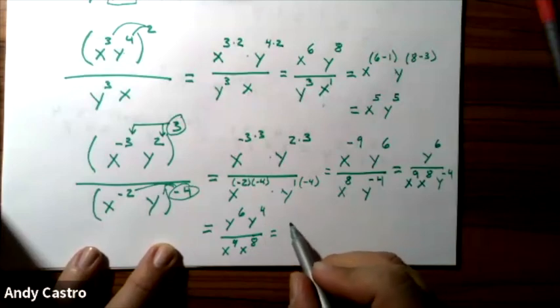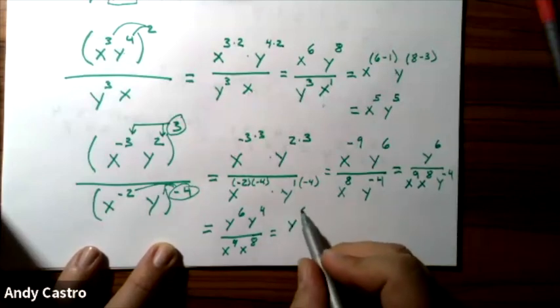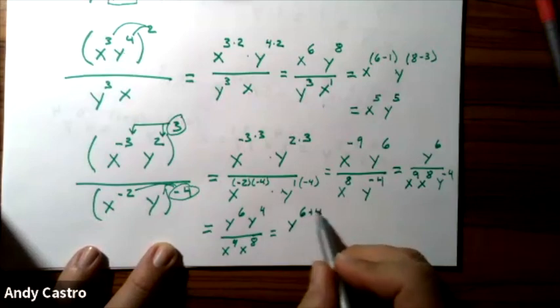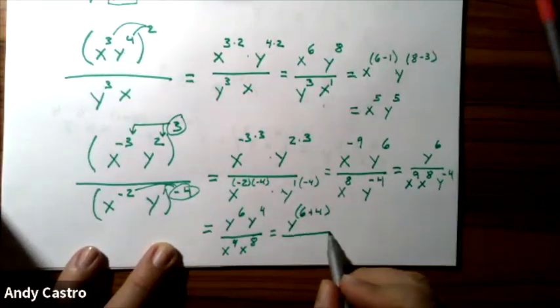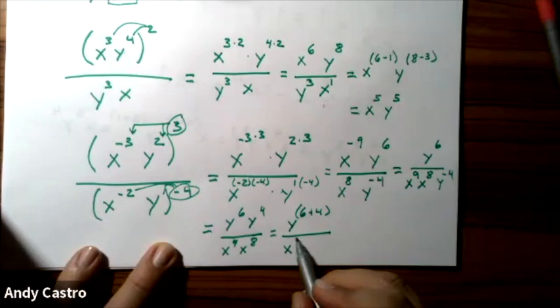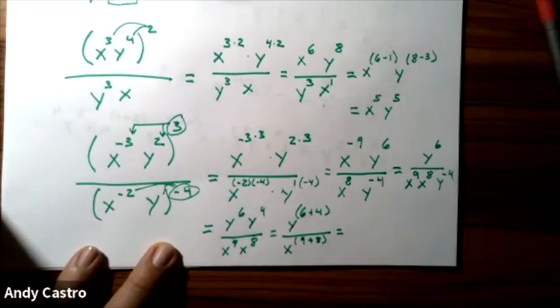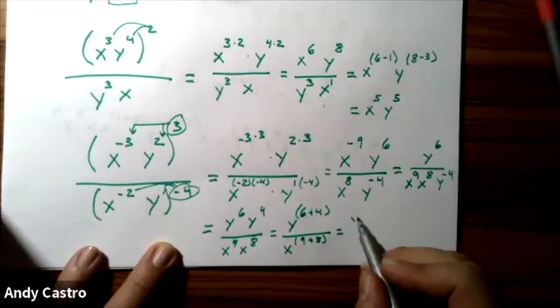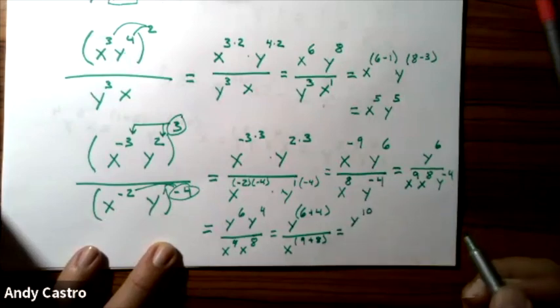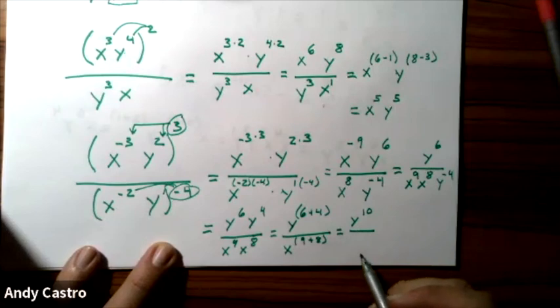I can add those exponents. y to the 6 plus 4 over x to the 9 plus 8. So this is y to the 10th over x to the 17th.